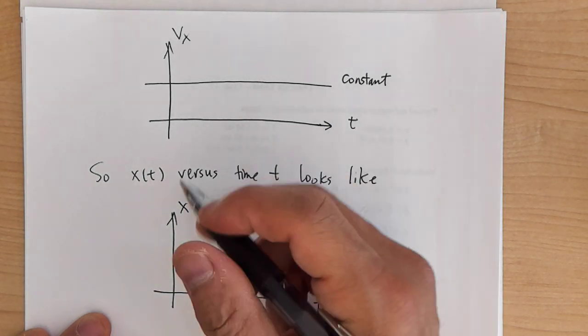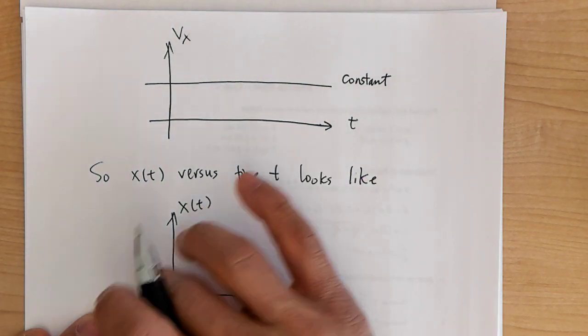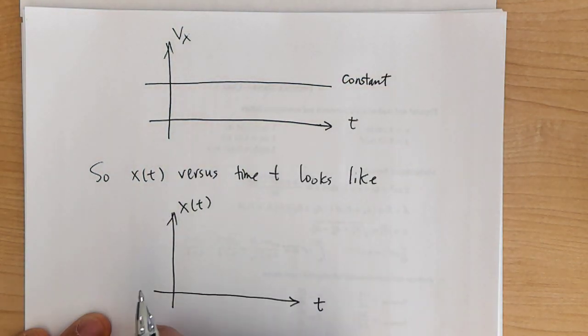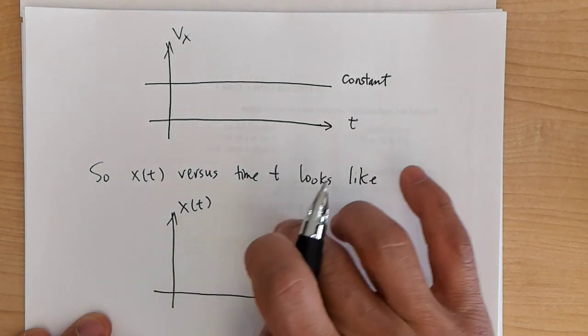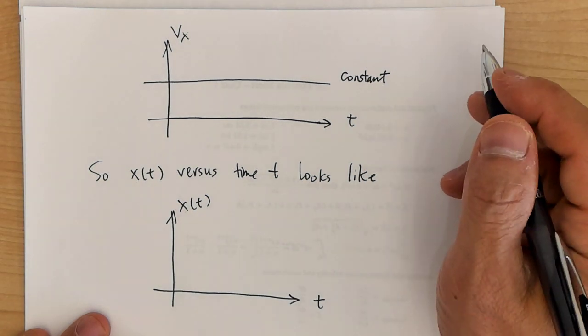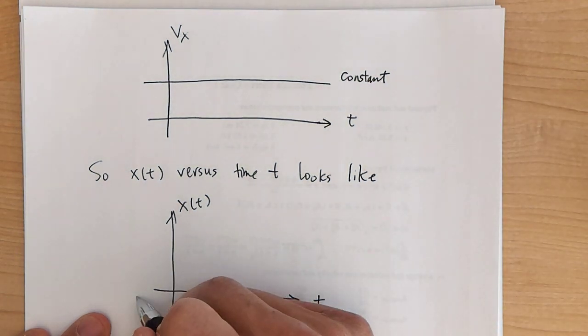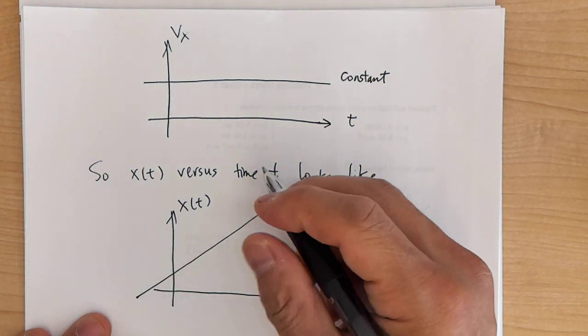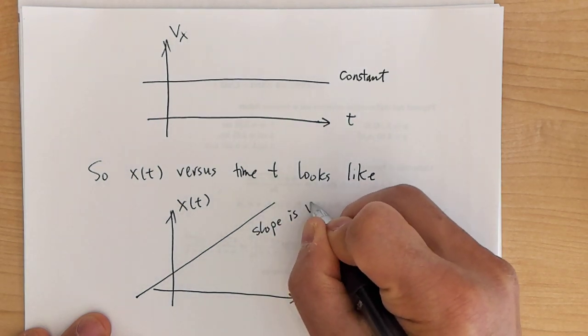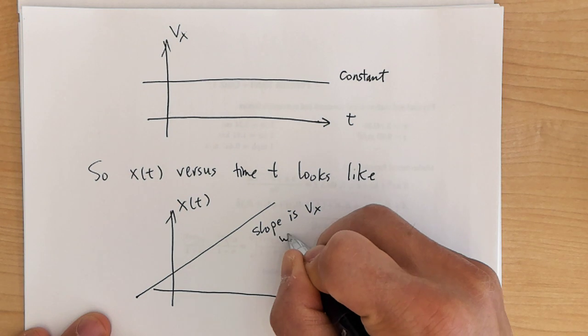The slope is determined by Vx, but where this is drawn up here or there is really determined by what the initial position is. So let's not worry too much about this. This will be a straight line. The slope is just Vx, which is constant.